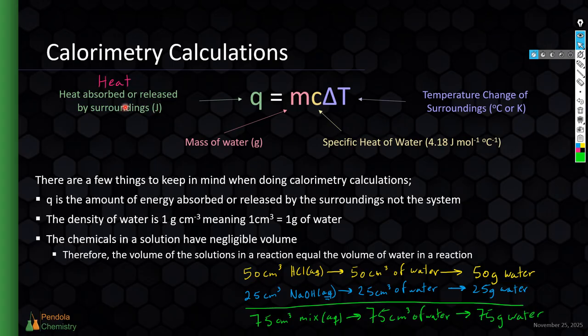So what you can think of this as, if we make a comparison to currency and to a paycheck, Q is your paycheck. Q is your total amount of money you're given at the end of the week or at the end of the 2 weeks by your job. Whereas enthalpy is your pay per hour. So enthalpy is in a standardized manner.